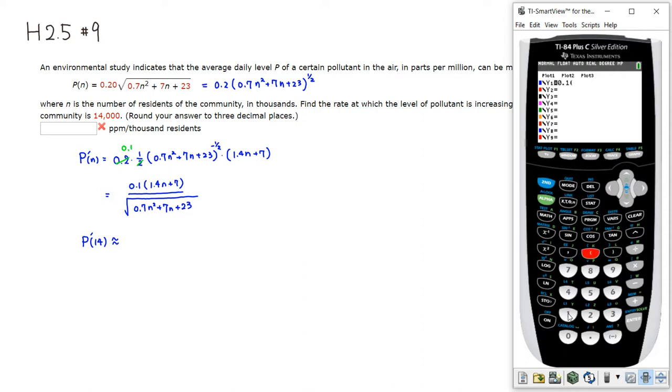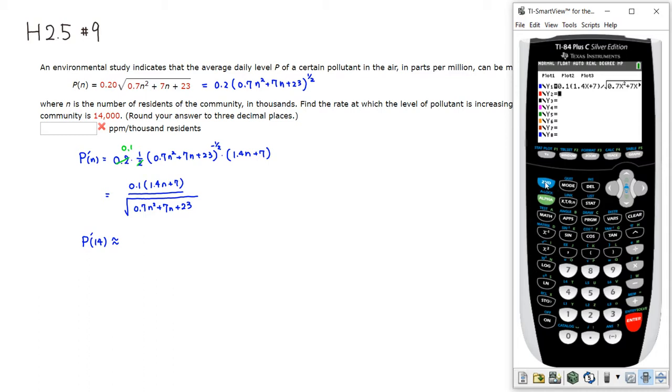It's going to be 1.4, and I'm going to use x instead of n, plus 7, then divided by the square root of 0.7 x squared plus 7x plus 23. So this is the derivative function.